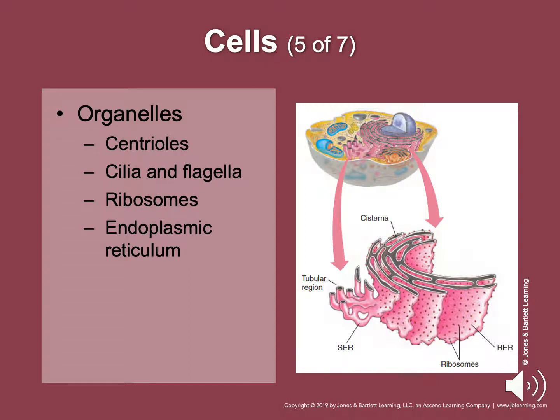Ribosomes are composed of protein and RNA, and they form proteins. Endoplasmic reticulum is a network of paths through which substances and proteins move. There are two types: the smooth, which has no ribosomes, and the rough, which has ribosomes. So the reticulum can be comprised of ribosomes or not.